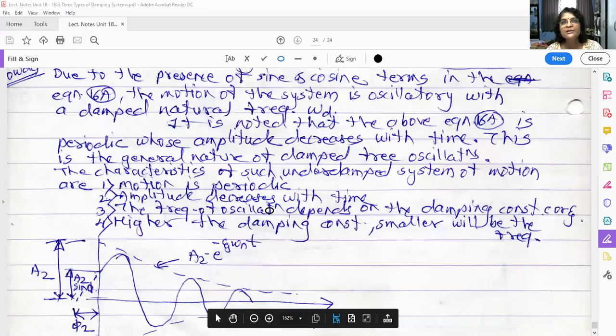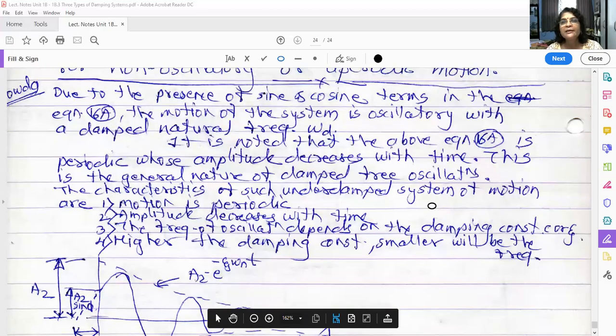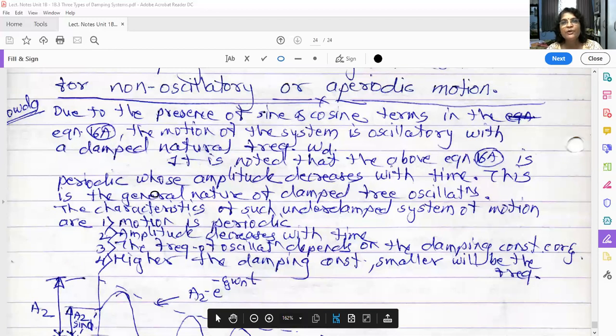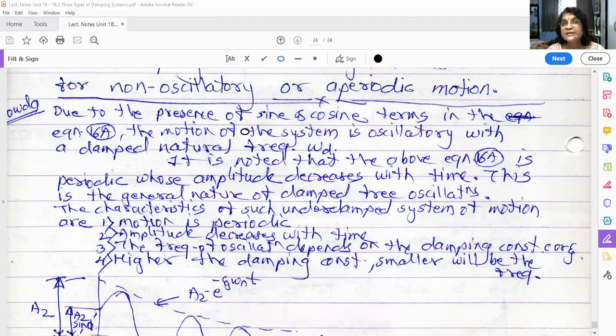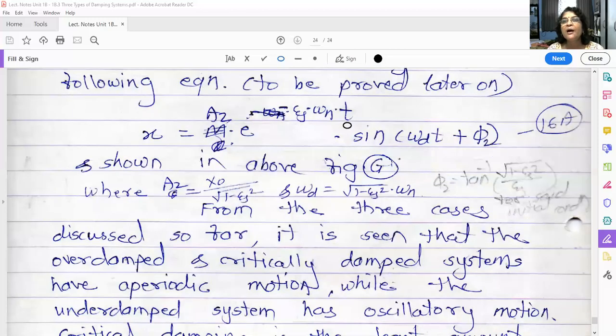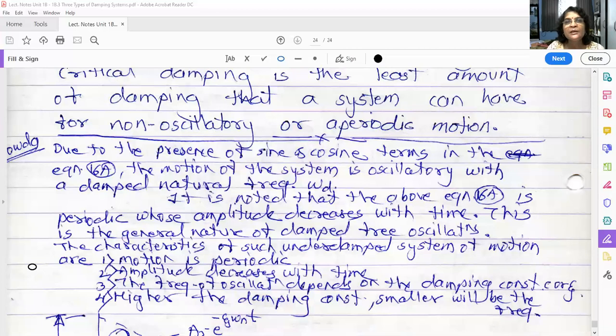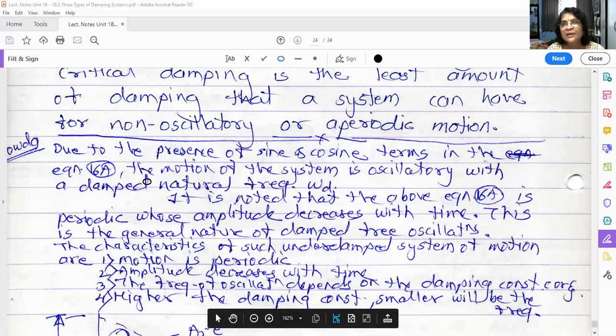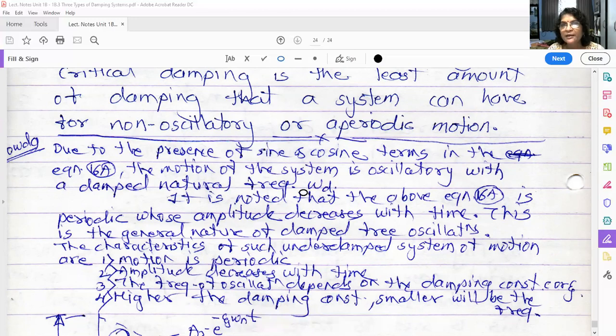Now let us have the last point, just a revision of what we have studied. Due to the presence of sine and cosine terms in equation 16a, that means this equation which we have proved for the underdamped system, the motion of the system is oscillatory with a damped natural frequency omega d.